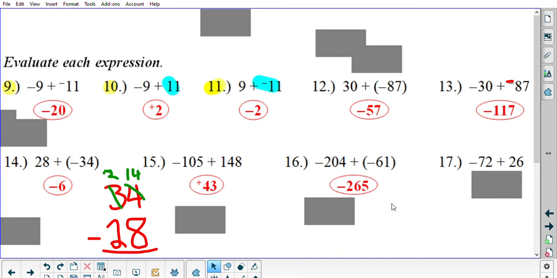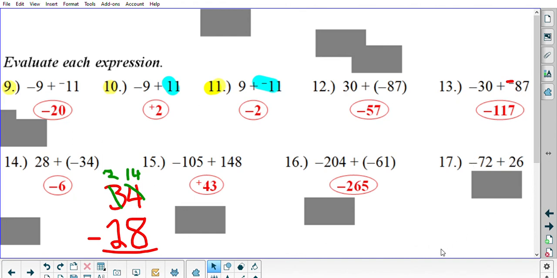Last one that you were asked to do, problem number 17. We have negative 72 plus 26. They are different signs. When they are different signs, find the difference. I apologize that I'm repeating myself, but I want to make sure that you understand how this works. And I've learned repetition can help it to stick in your mind. So that's what we're doing. All right, so when they're different signs, we're going to subtract.